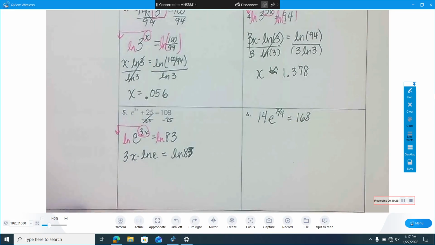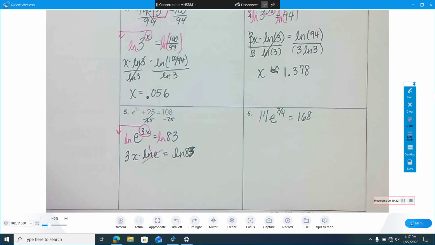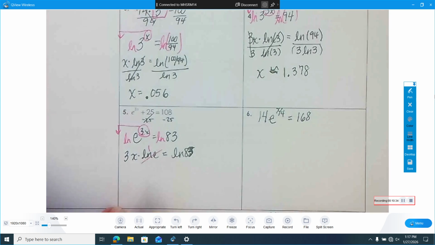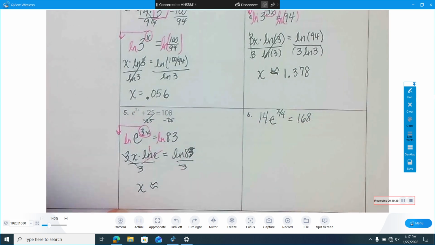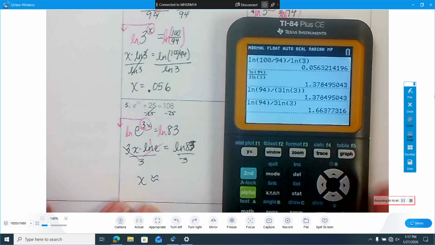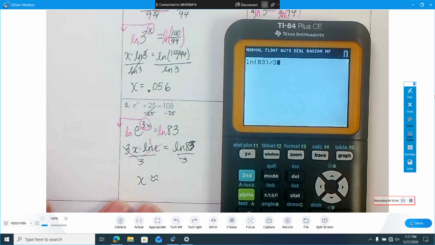What is the natural log of e? 1. How do we get x by itself? Divide by 3. So we get x is approximately the natural log of 83 divided by 3.